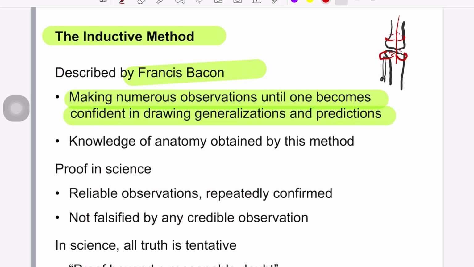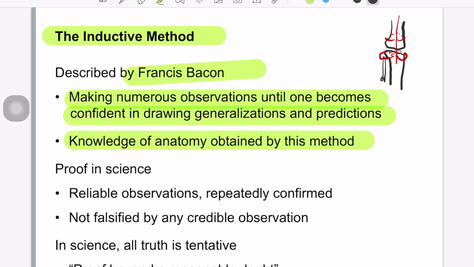And this method, the inductive method, is one that's really used quite often in the world of anatomy. So the knowledge of anatomy is often obtained this way. Let's say if I dissect 3 knees, it would be hard to predict what the pattern would be in the 4th knee, especially if all 3 knees were slightly different.